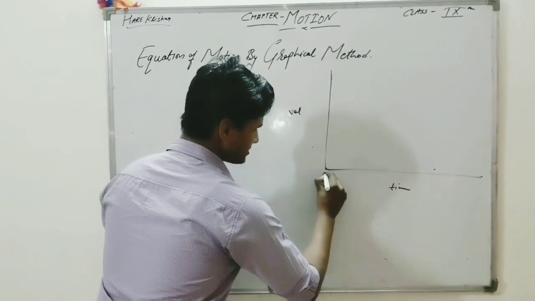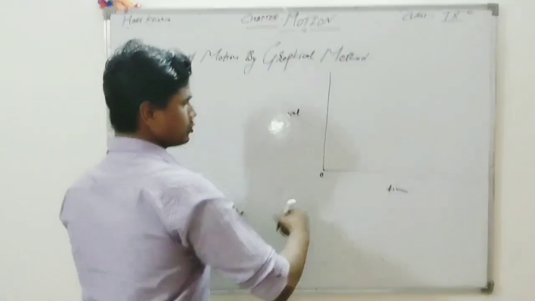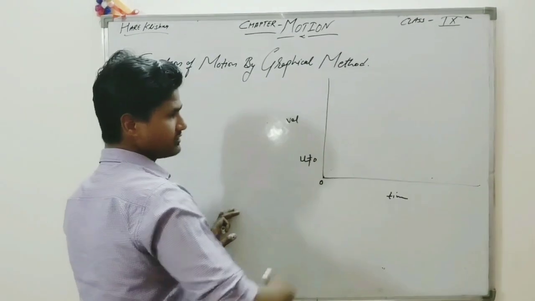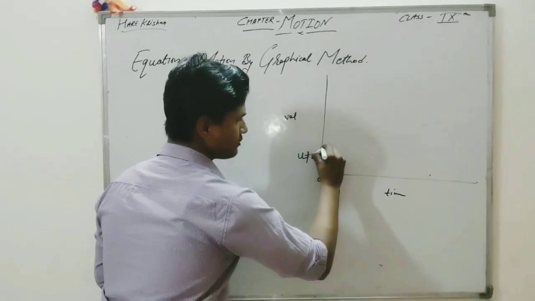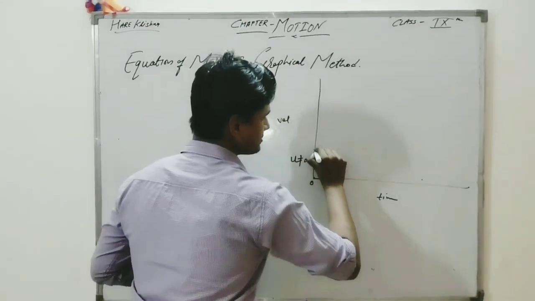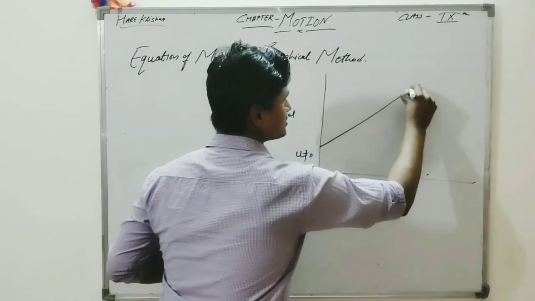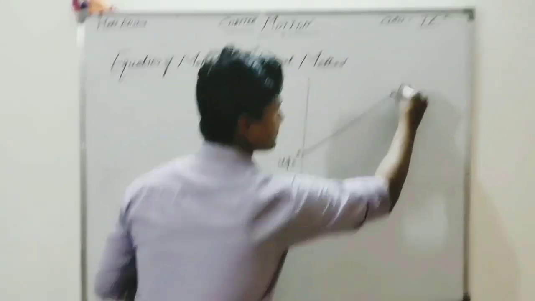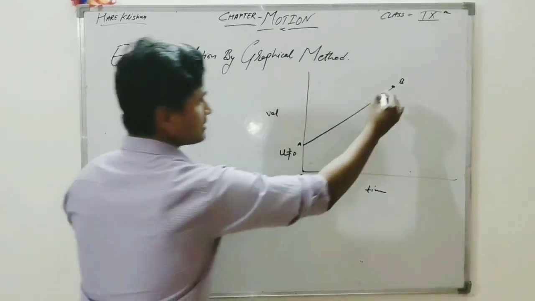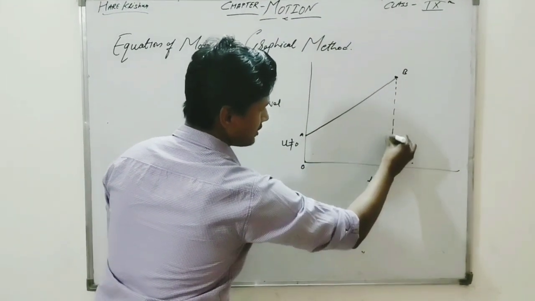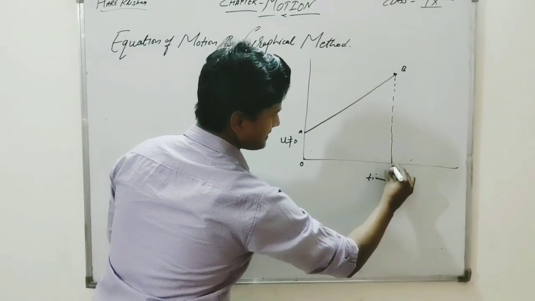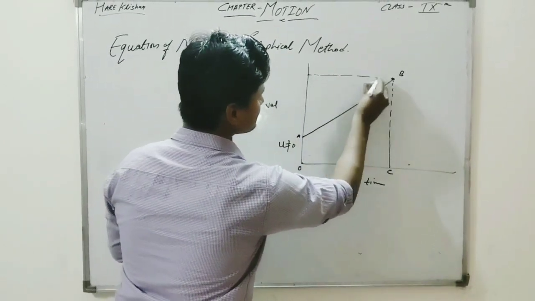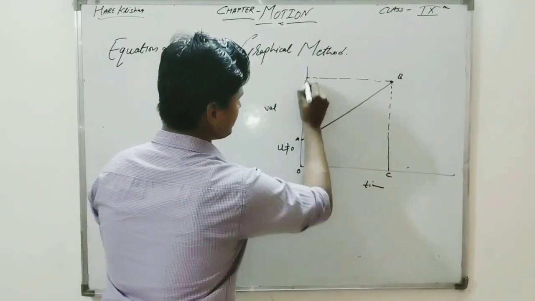The point is origin, named as O. If the initial velocity is not equal to 0, then we have to start the graph from any of this point and take it to this point. These points can be named as A, B. Then we will meet this point on the axis named as C. Here this point B meets at this point.